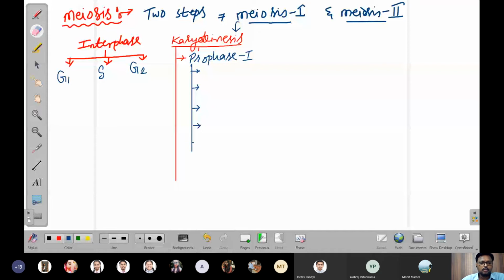Now what are these? First is leptotene, zygotene, pachytene, diplotene, and diakinesis.